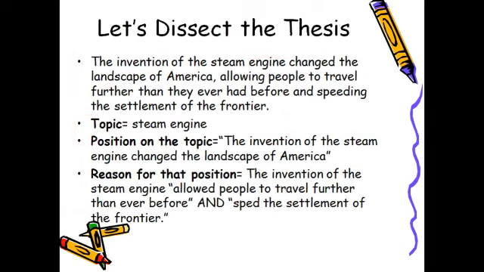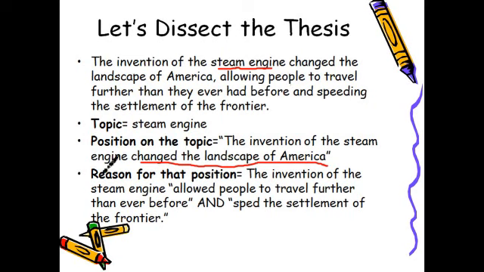So first we have a clear topic sentence here, the invention of the steam engine. So the steam engine is our clear topic. Next, we have a position on this topic. The invention of the steam engine changed the landscape of America. That's the position on the topic. That's the main point that our writer is going to try and convey.